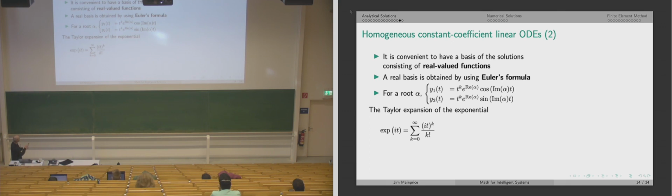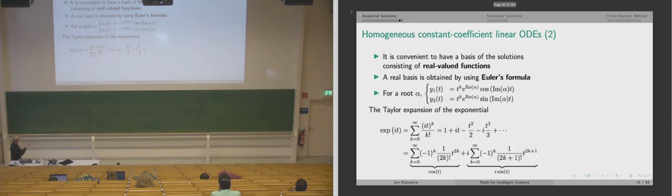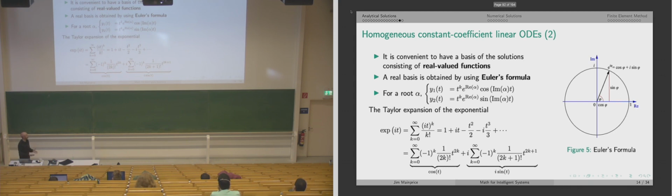So that's the Taylor expansion that we saw last week, the Taylor expansion of the exponential, and it can be expressed this way because we have the imaginary number here whose sign is going to flip through the series, and we can identify that this is basically the cosine of t plus i times the sine of t. That is the Euler formula.